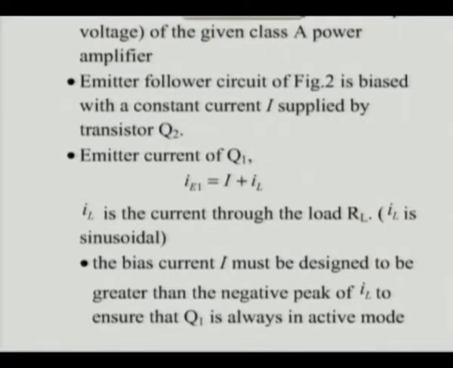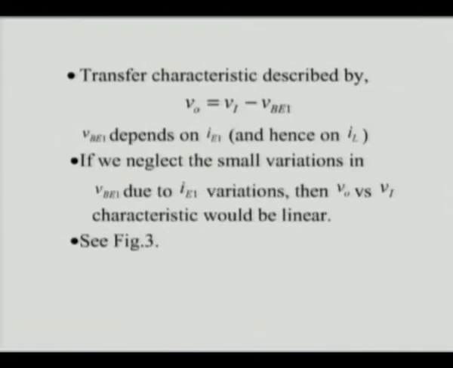So when we design such a stage, we need to choose the current in such a way that it exceeds the negative peak, so that even at the negative peak, you still have a certain value of DC current. Now we can write a very simple equation for the transfer characteristics. The signal was applied to the base of that transistor, and we have a VBE1 drop there.